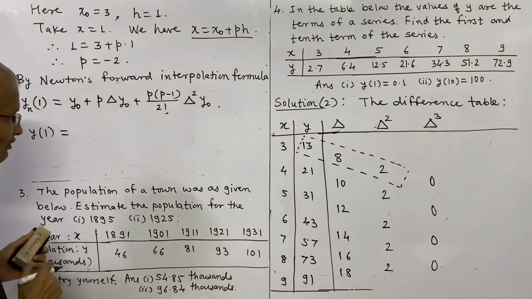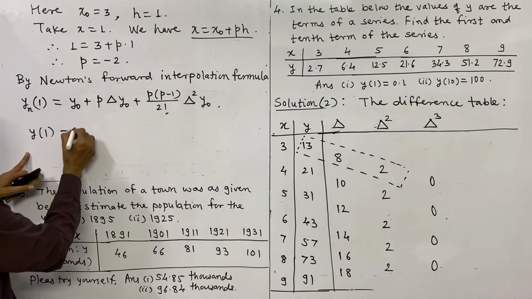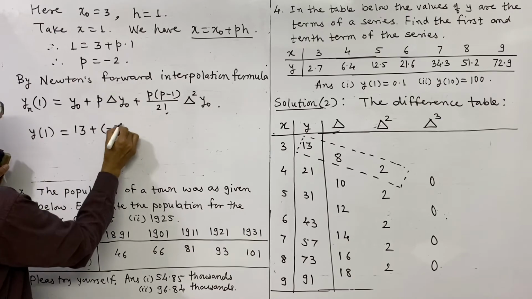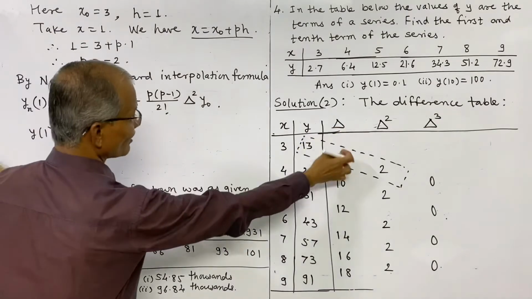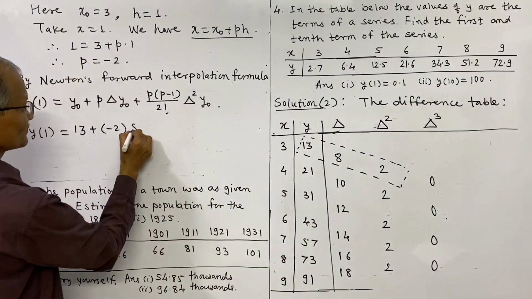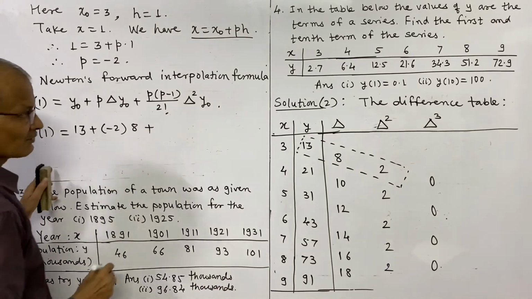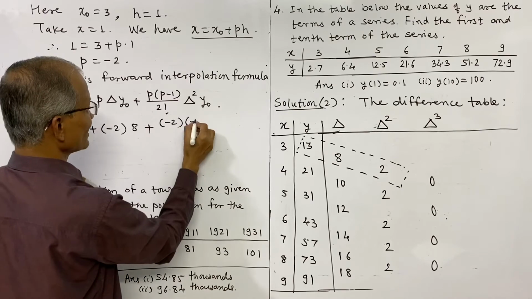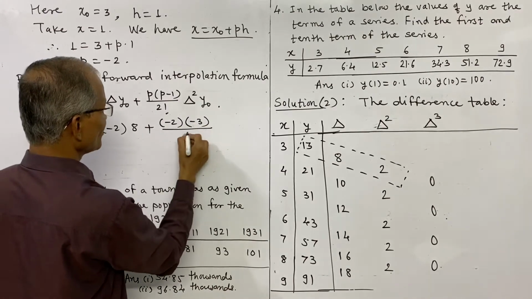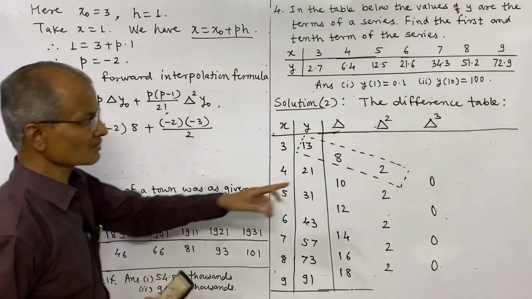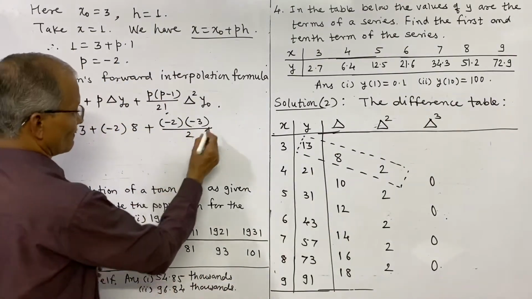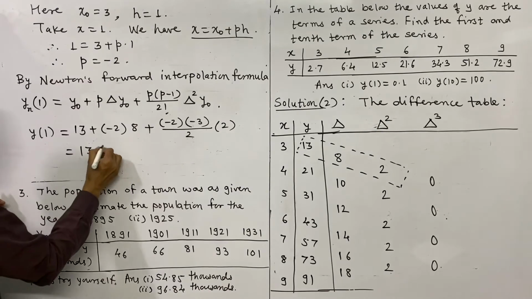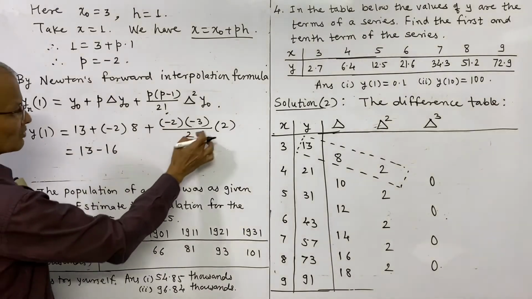Y at 1 we have to find out. Y naught is 13, plus p is minus 2, so minus 2 into delta y naught, which is 8, and plus next p is minus 2 into minus 2 minus 1, that is minus 3, divided by 2 factorial, which is 2, times delta square y naught, which is 2. It is easy to find this value: 13 minus 16, plus 6, since the 2 cancels.